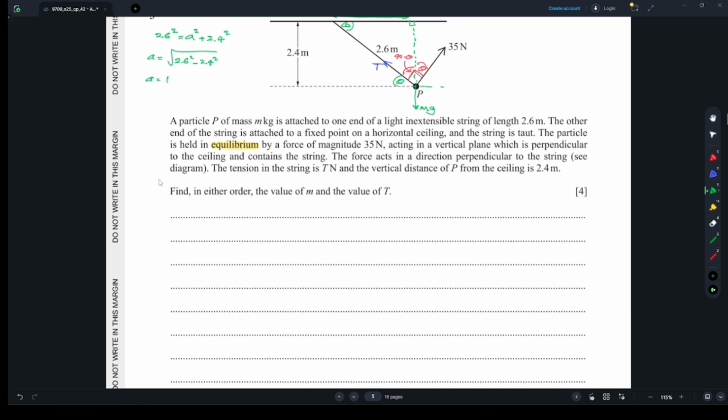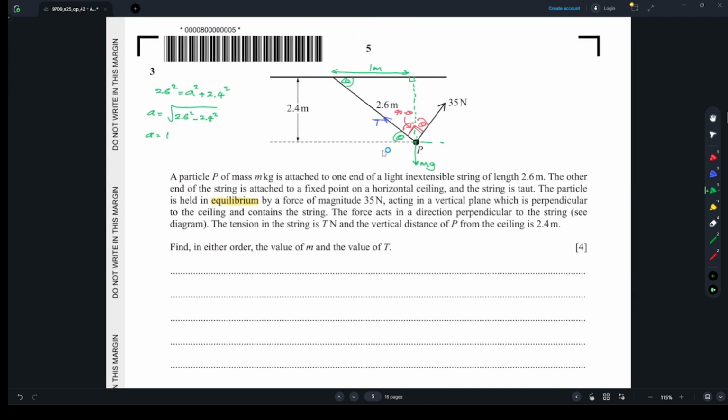So always check the question properly. In this case, this is a 2D situation. Since this object is in equilibrium, we know the condition: the sum of all the forces in the x direction should be 0, the sum of all the forces in the y direction should be 0, and also the moment should be 0 at any point.